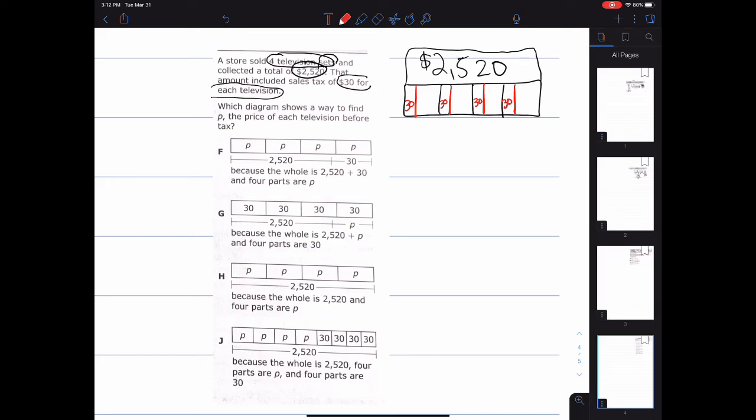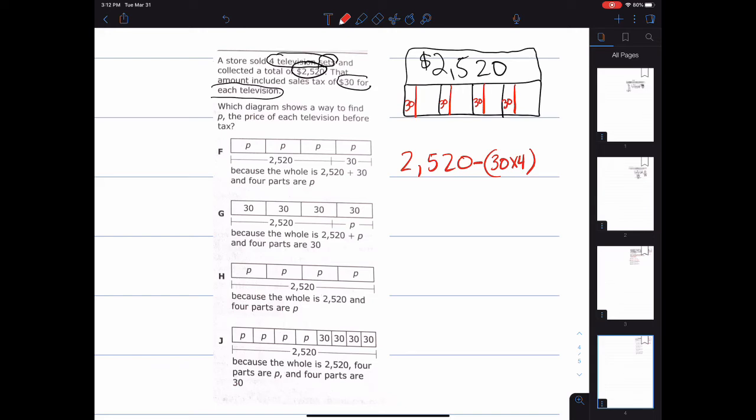So let's think about this. I know that I paid a total of $2,520 for everything including tax. If I wanted to know how much each TV cost, first I have to figure out how much I paid in tax. So I would have to take my $30 and I have 4 sets of 30, multiply that, and then subtract that from my $2,520.